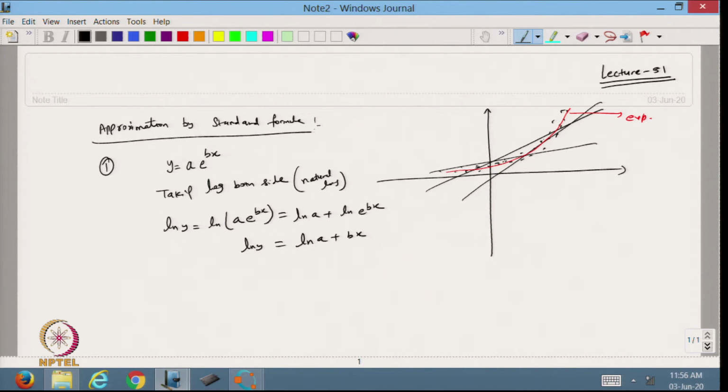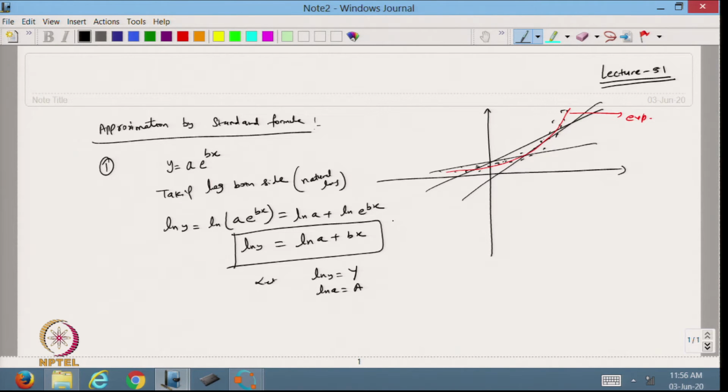So this is my ln y. Now you can see that I have transformed the exponential data into linear form. So I introduce that ln y is equal to capital Y, and ln a is another constant, which I call capital A.